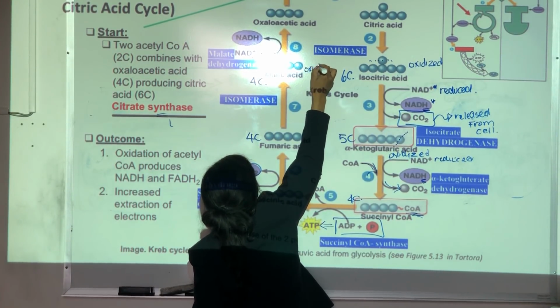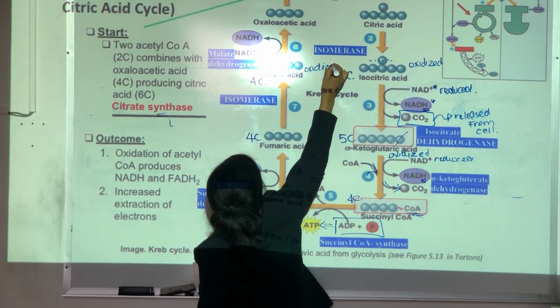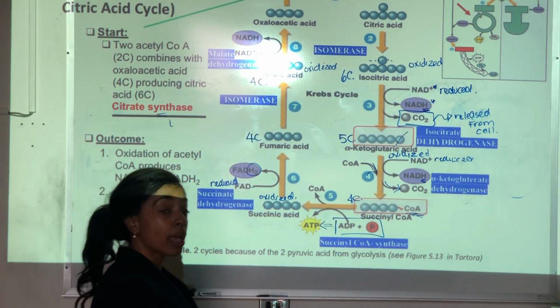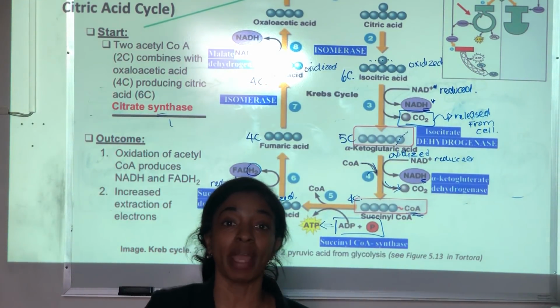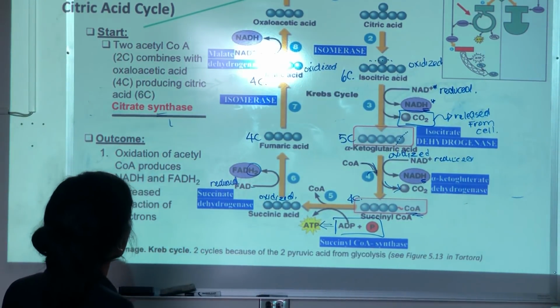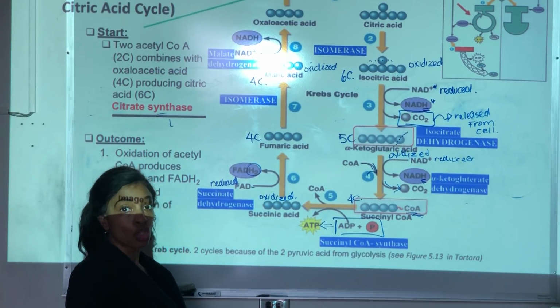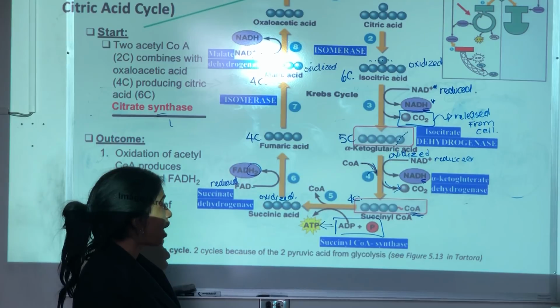Remember, that has the carbon, the dots, from the beginning, from where we started, with acetyl-CoA. And before acetyl-CoA was made, acetyl-CoA was glucose. So it all ties into oxidizing glucose, so we can get energy.